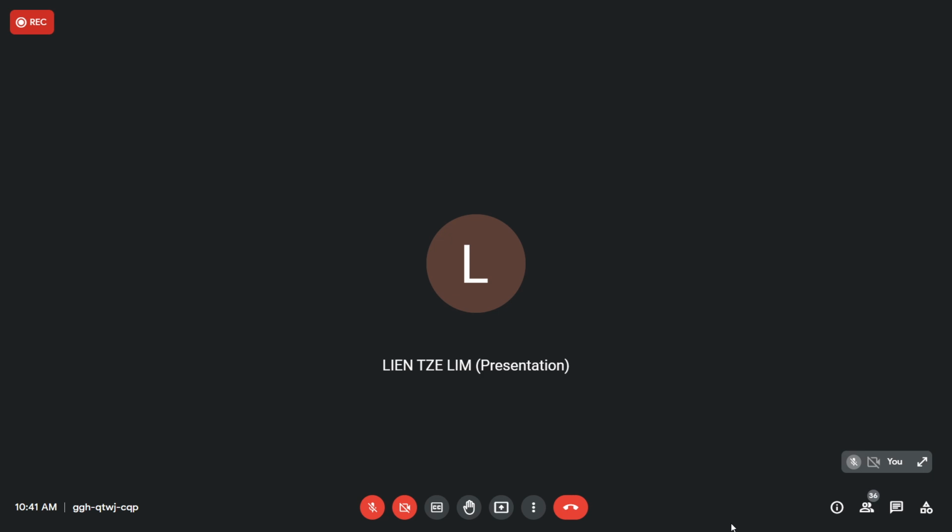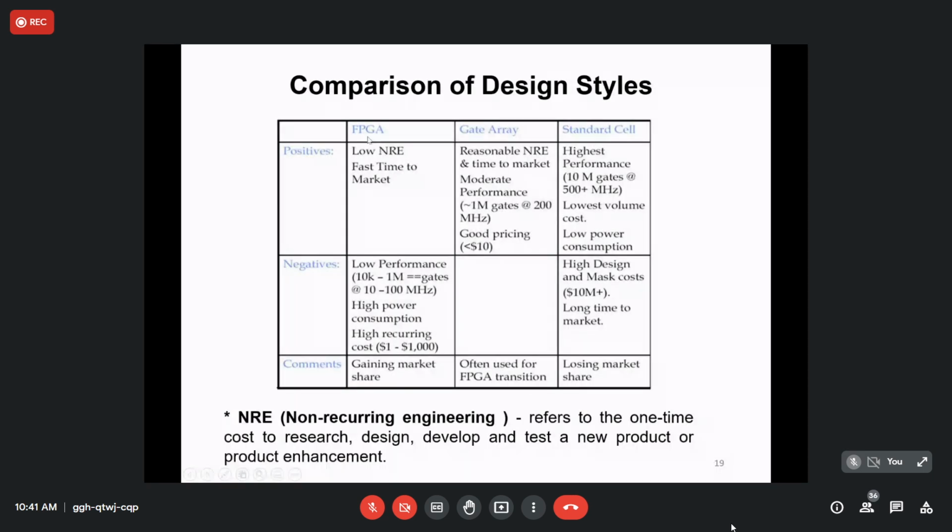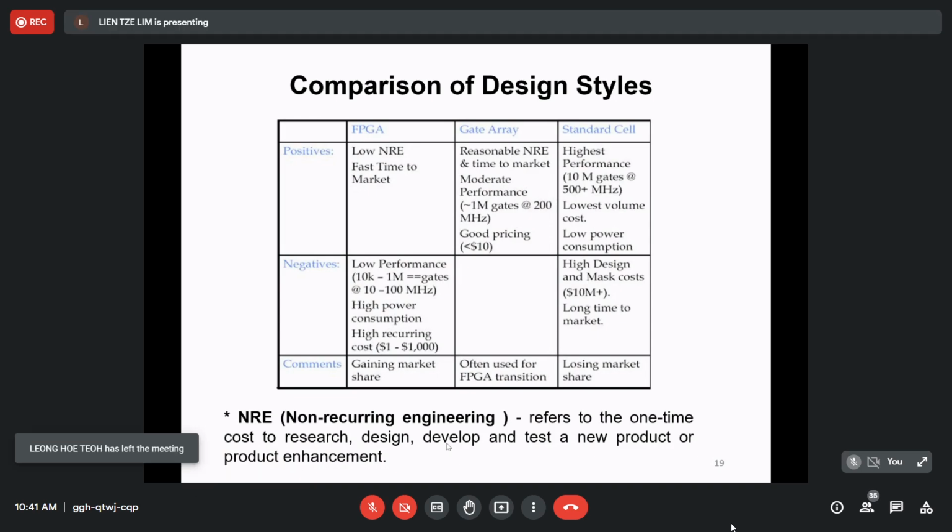Let's have a look at the advantages of the FPGA. The advantage of using the FPGA is low NRE. NRE means non-recurring engineering. This non-recurring engineering refers to the one-time cost to research, design, develop, and test a new product or product enhancement.